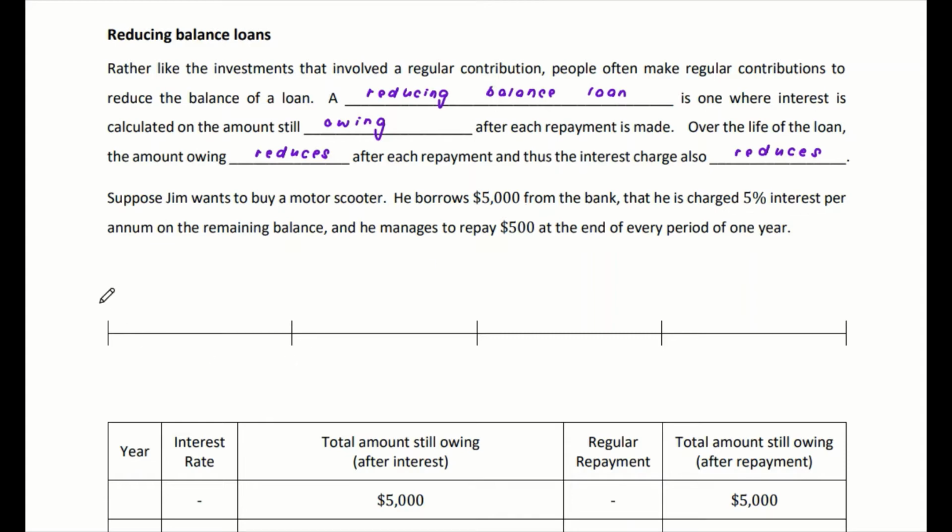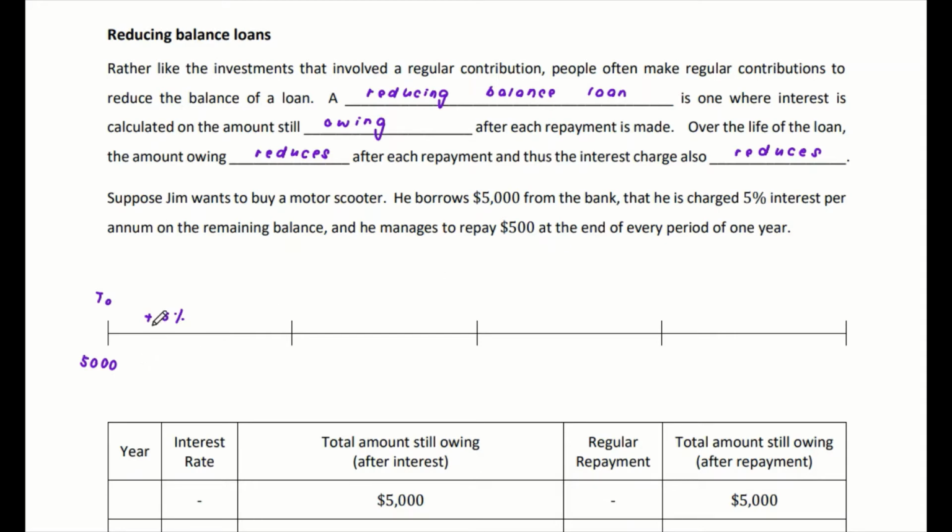This is at the end of year 0, where the loan starts. Each year, he is charged 5% interest per annum, so this amount of money gets charged 5% interest. Then at the end of every year, he manages to repay $500.